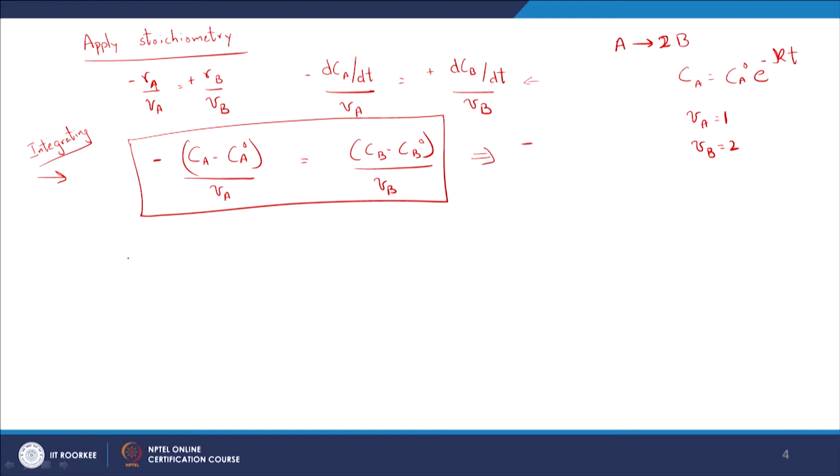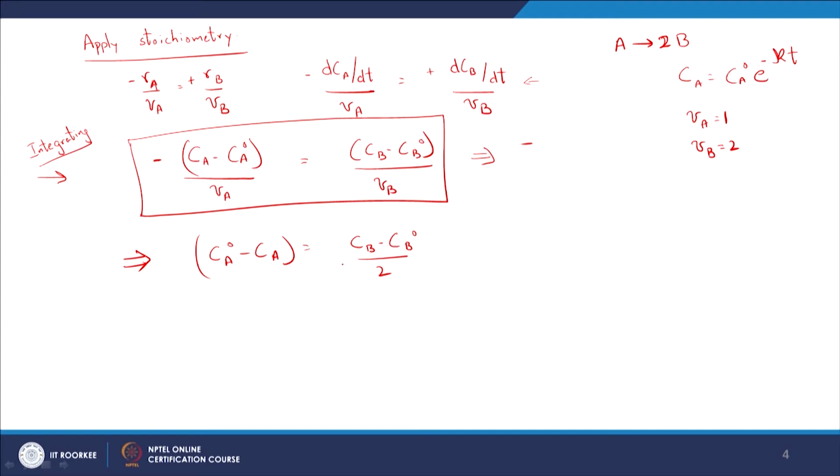So if I plug those values in here, I am going to have Ca naught minus Ca equal to Cb minus Cb naught divided by 2. Let us see if we made any issues with the symbols. No, I think we are on the right track there.